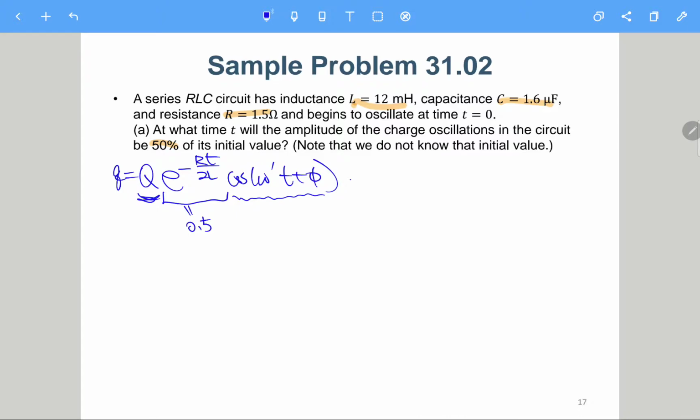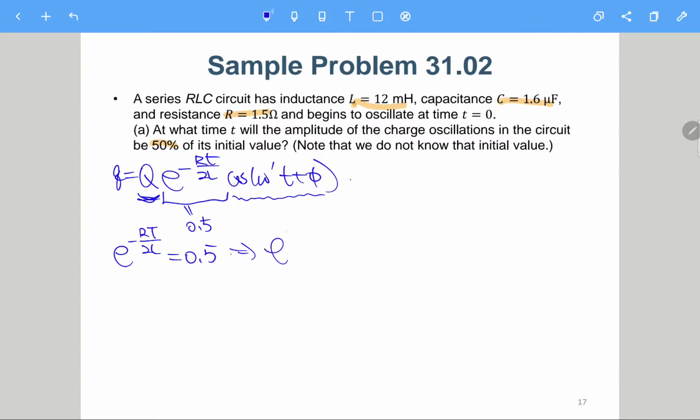So let's see. Here we consider that exponential to minus RT over 2L is 0.5. So we can just take the inverse on both sides.